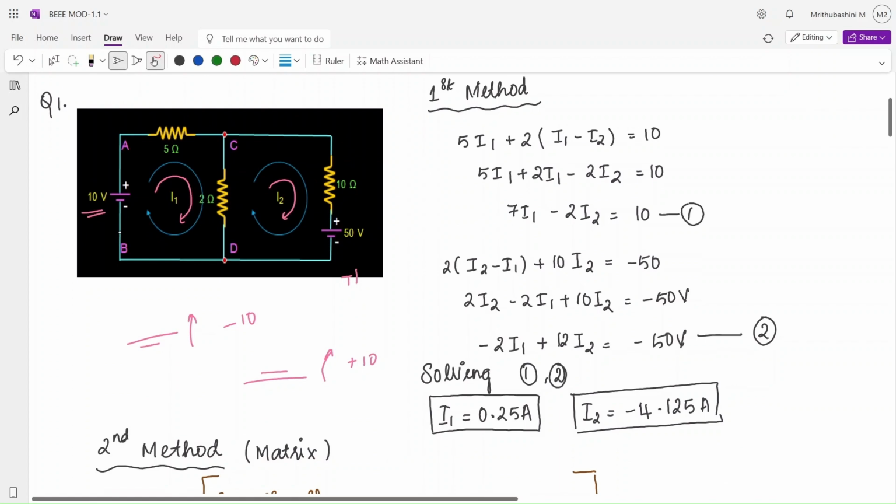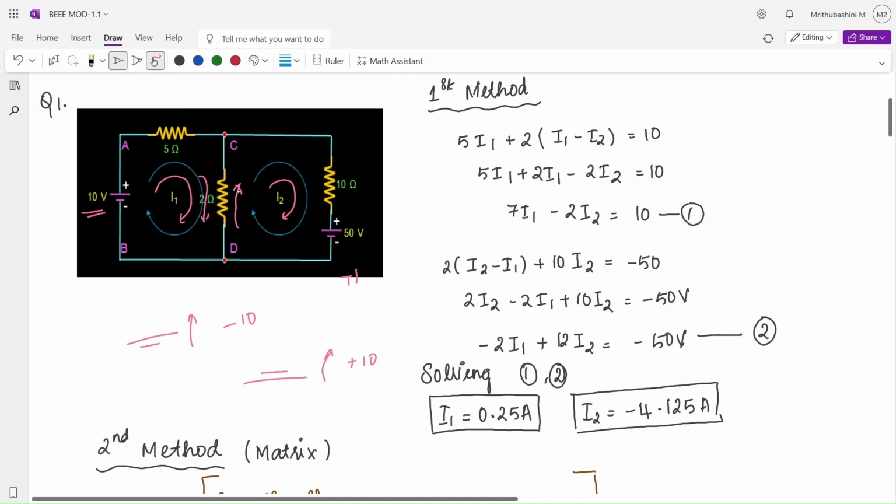So how will you write the equation for this mesh? It's minus 10 plus 5 into I1, that is V equals I into R. Plus, for this 2 ohm resistor, there are two currents passing through it. One is I1 which is coming in the clockwise direction, another one is I2 which is going in the opposite direction.